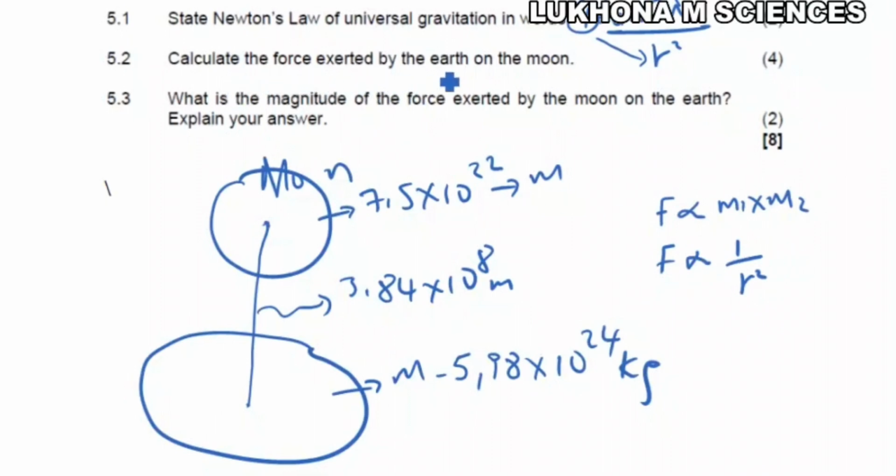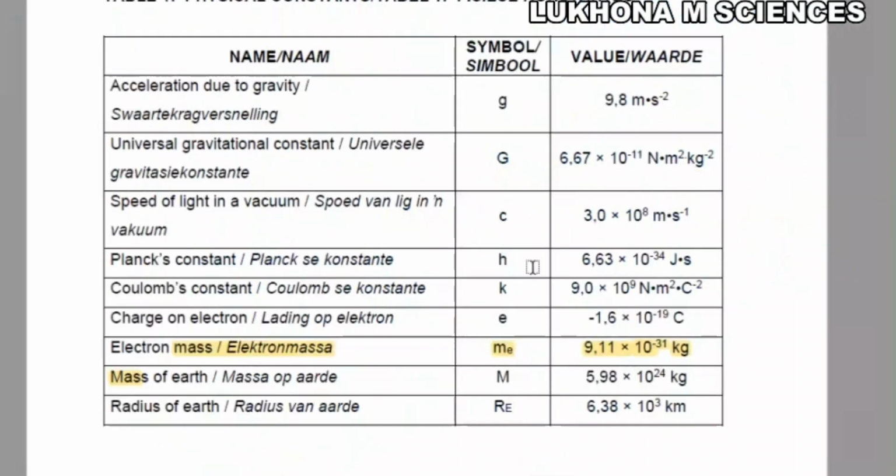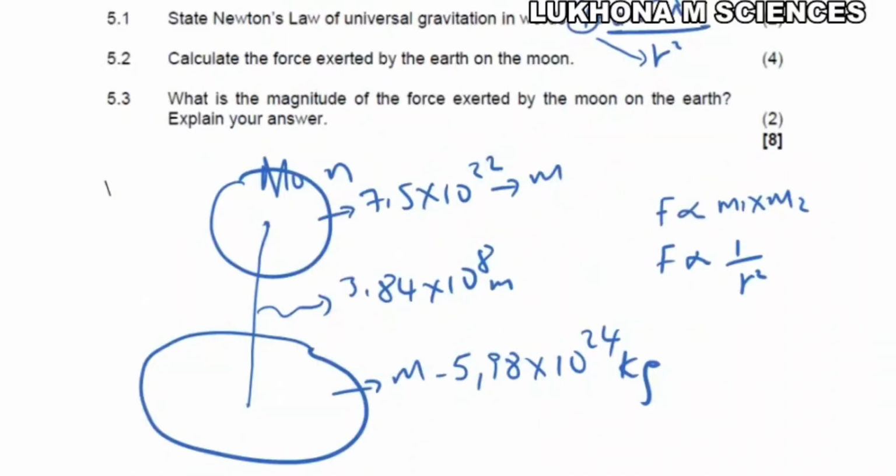We are going to use this formula. G is a constant, 6,67 times 10 to the power negative 11.